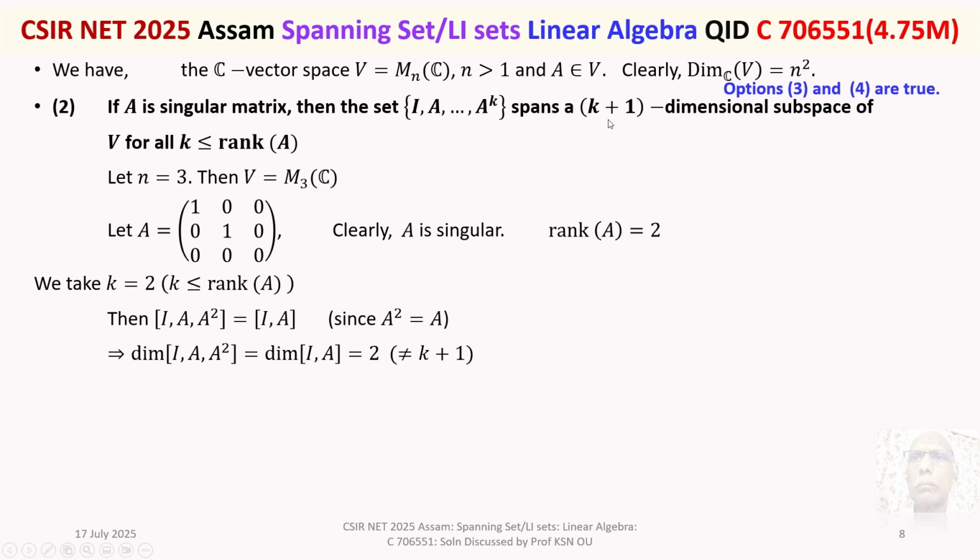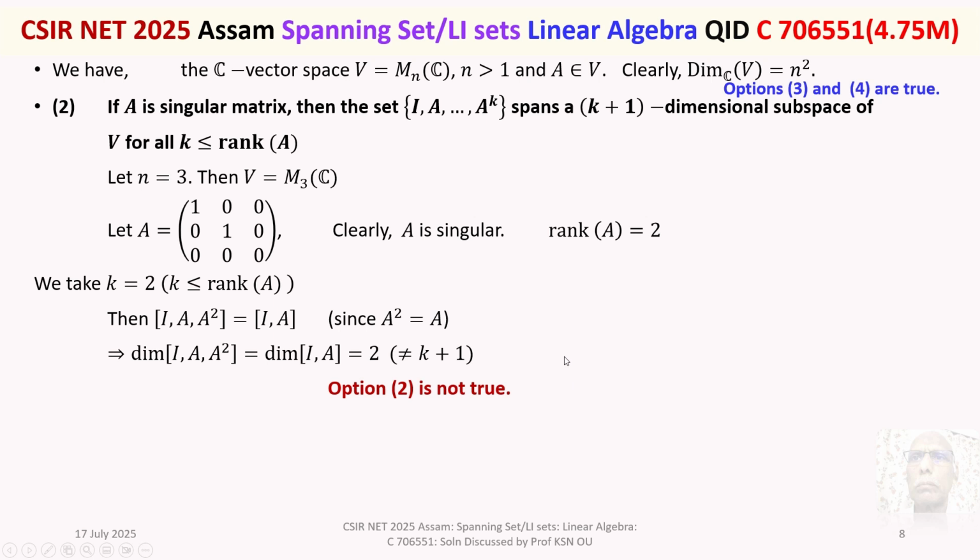Is it spanning a k plus 1 dimensional subspace, where k is 2, meaning is it spanning a 3 dimensional subspace? No, it is spanning only a 2 dimensional subspace. Right, that is why this option 2 is not true.